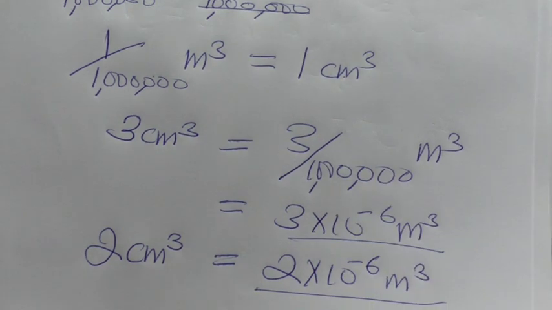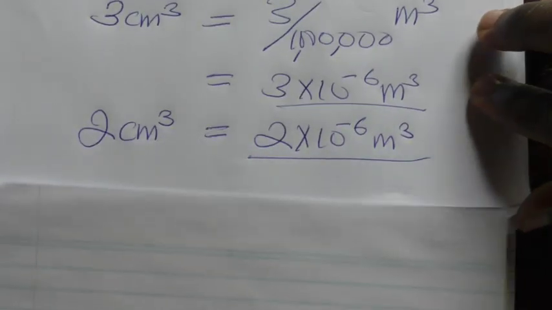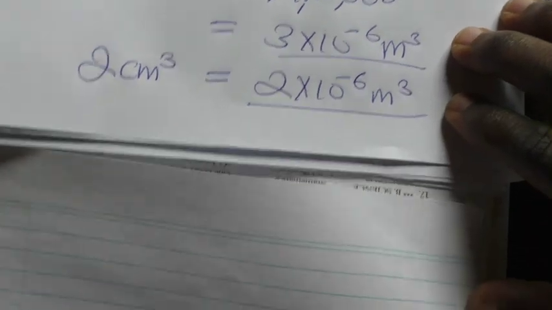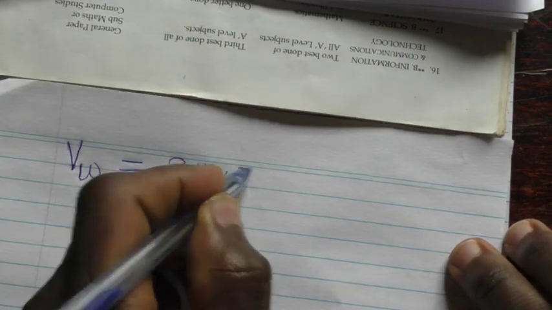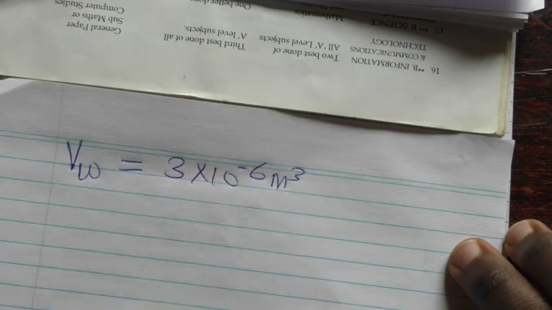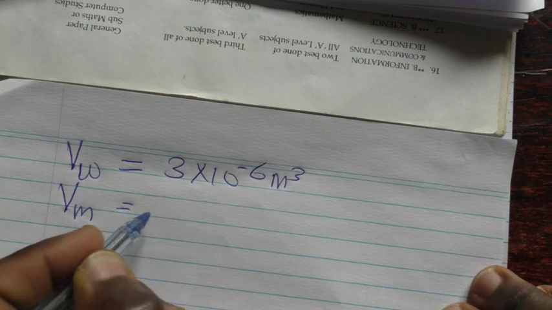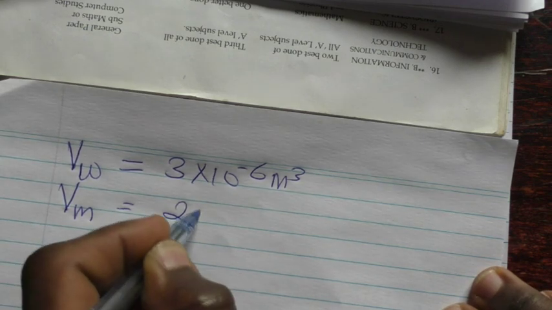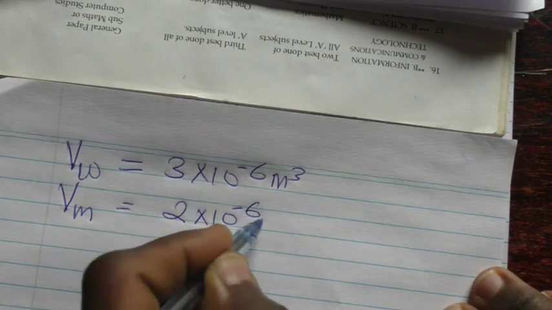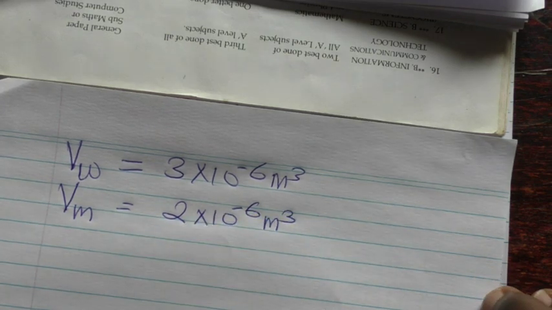Now that they have corresponding units, I can continue. So I have new units of volume. The volume of water is now 3 × 10^-6 meters cubed, whereas that of milk is 2 × 10^-6 meters cubed.